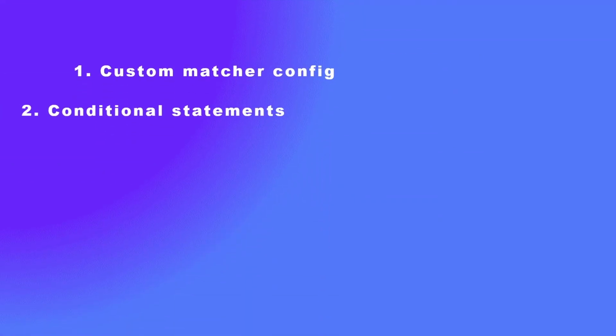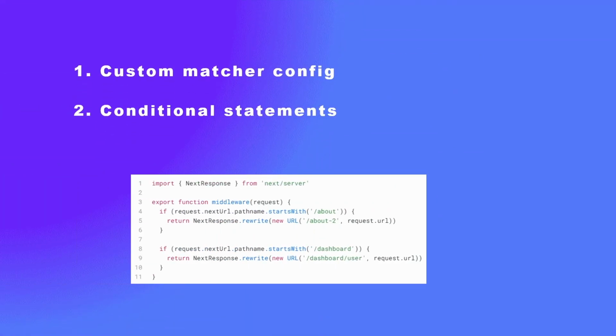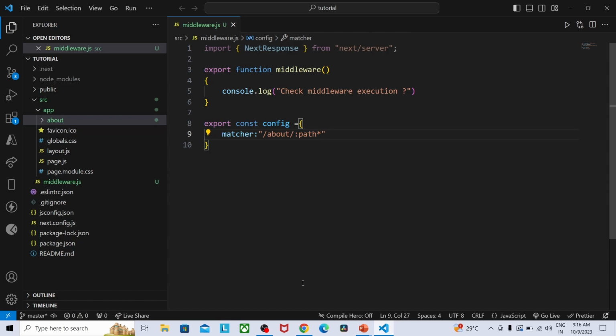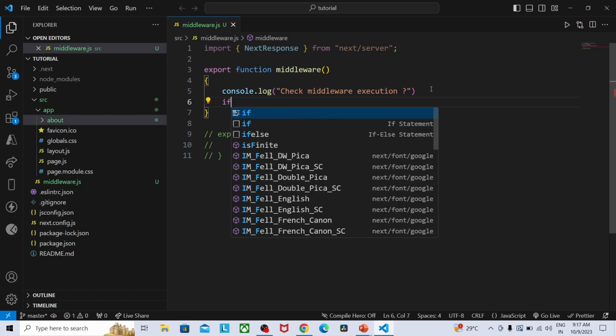Next, I'm going to explain about condition statements to define a path. Here, this is the example. Instead of the configuration file, we will use an if condition here. Let's close the terminal and come to this configuration. Here, I'm going to provide an if condition.